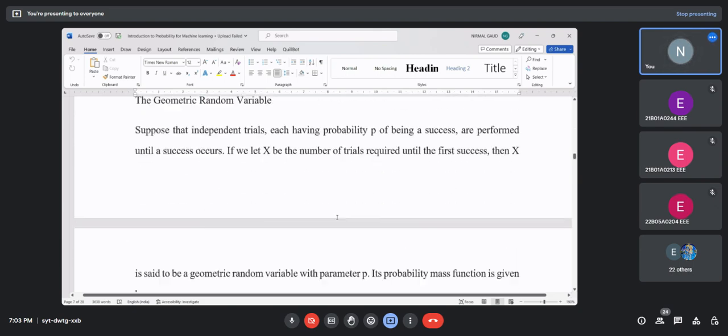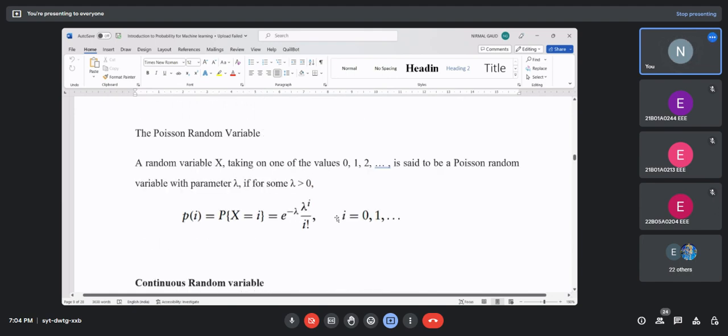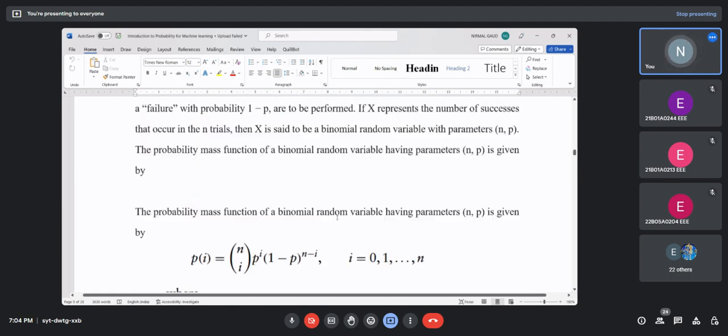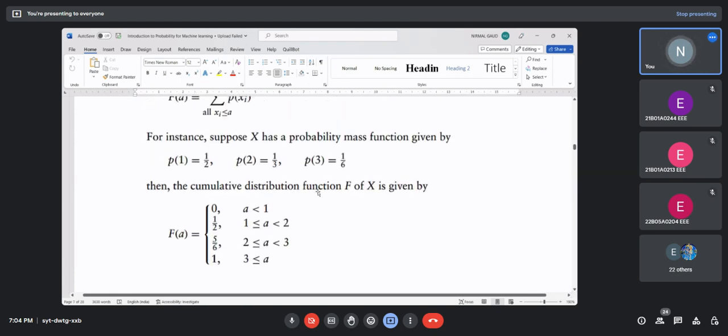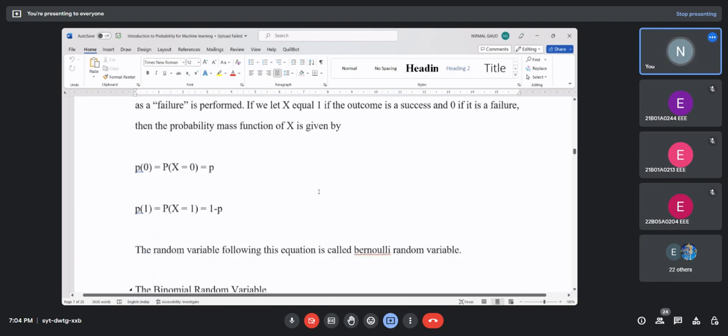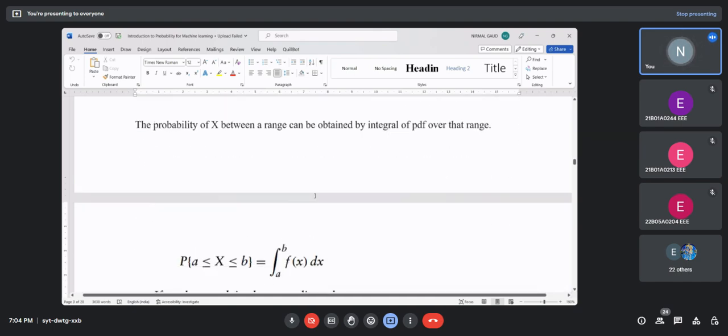When you are dealing with a continuous random variable, you should know that you need to work upon the probability density function, because in the discrete case the function you were studying was the cumulative distribution function, CDF. And for the continuous you need to perform the probability density function.